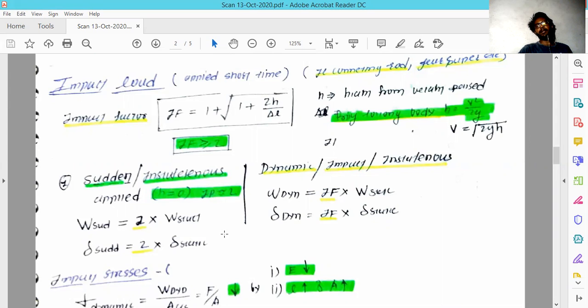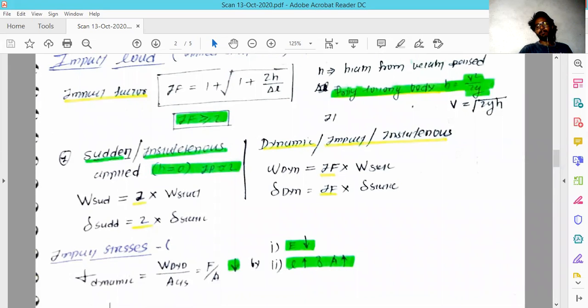Similarly, in the dynamic condition, you have to find the impact factor, and because it depends on the different situations, based on the height, if the height varies, the impact factor is going to vary. With respect to that, the dynamic load also varies, and the dynamic deformation is also going to vary.